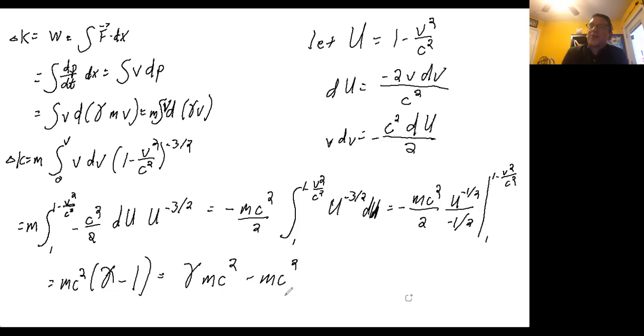So Einstein sort of made the leap of faith, which subsequently has been borne out by experiment many, many times over, that objects have a rest energy equal to mc squared, and that their total energy is gamma mc squared. And then the rest energy is just the mc squared term.